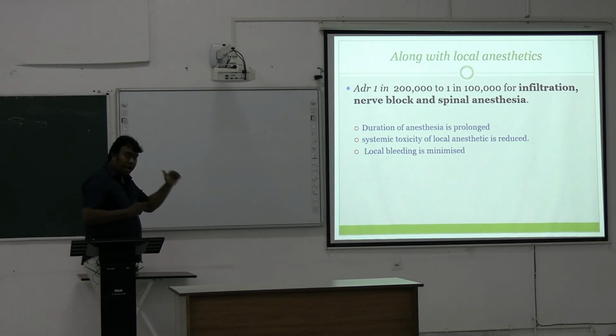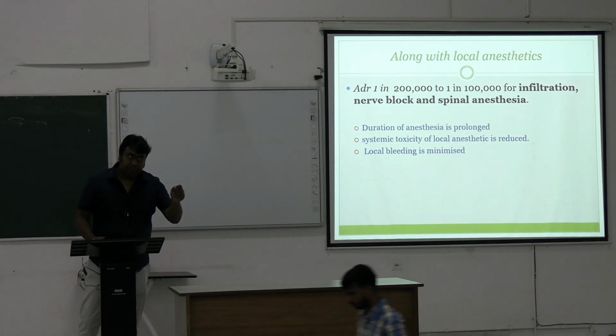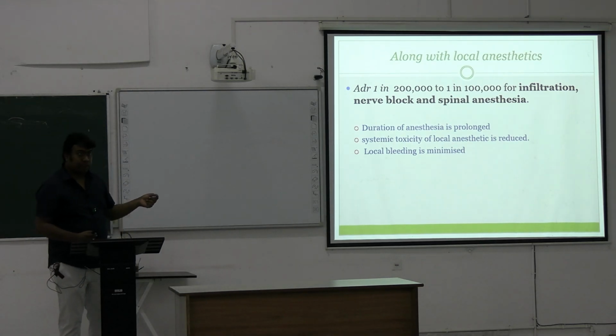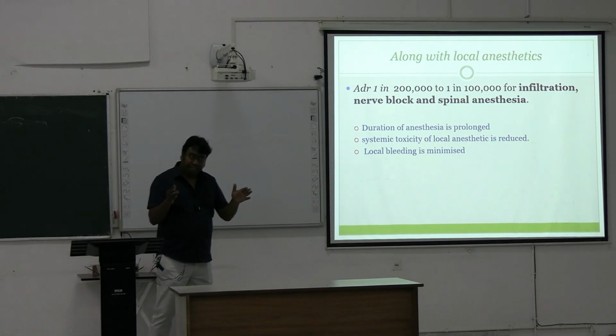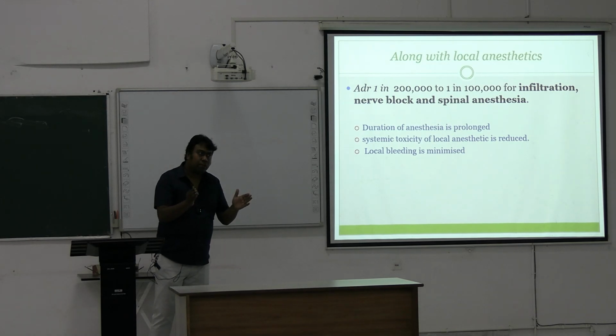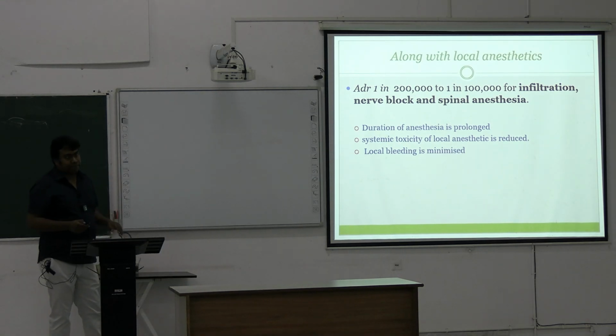So explain why we give adrenaline with local anesthetics for spinal anesthesia or nerve block. Explain with 3 points. Duration of the local anesthetic will be increased. Toxicity of local anesthetic will be reduced, and third point, local bleeding will be minimized.